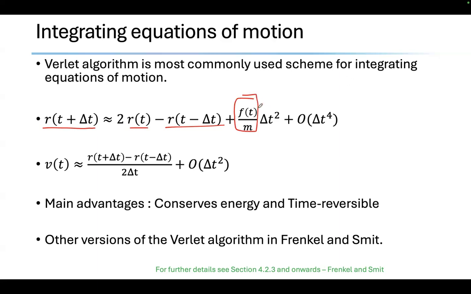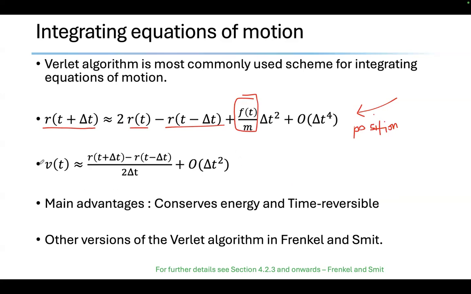Kindly note that there is no dependence on the velocities. This is completely dependent on the positions and has no reference to the velocities. Now, you can calculate the velocities from the positions, and this is how you do it.